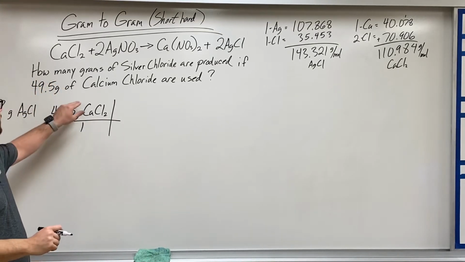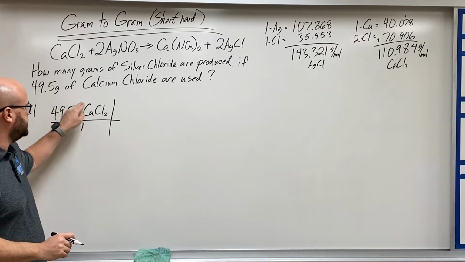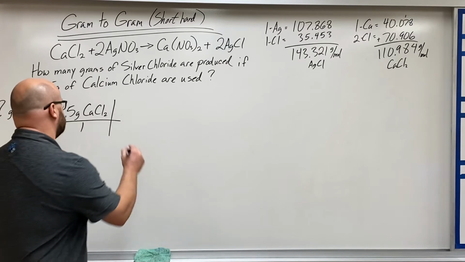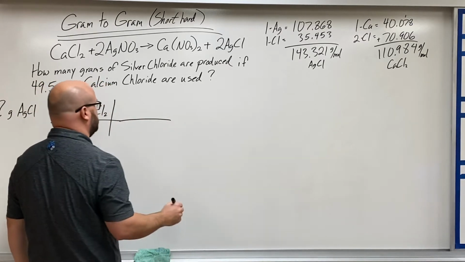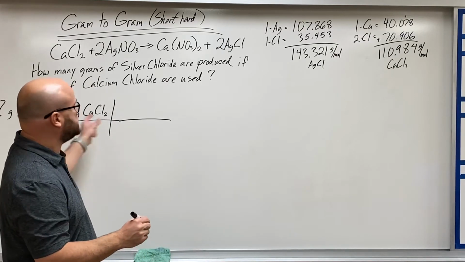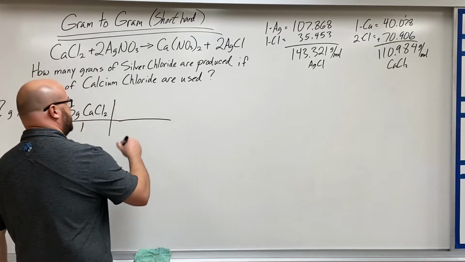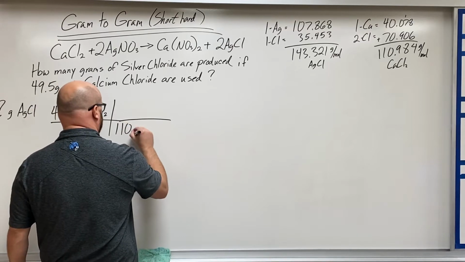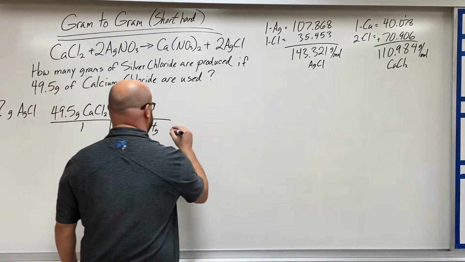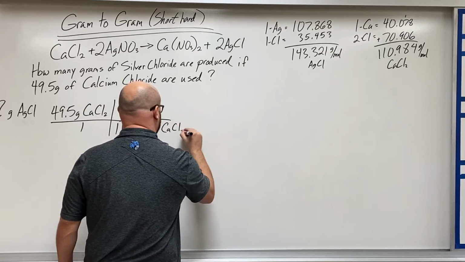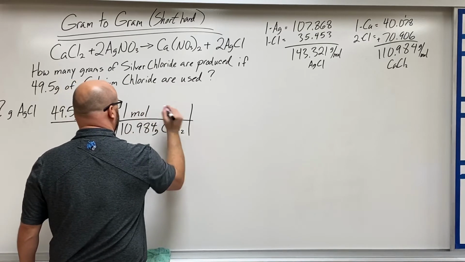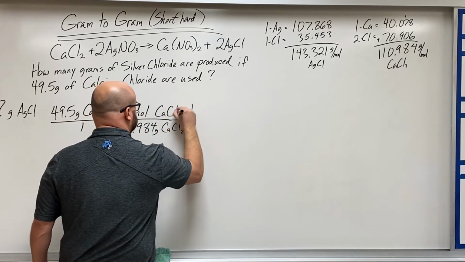Now we have to turn that grams of CaCl2 into moles of CaCl2. We need grams to cancel. We're going to draw a railroad track out a little longer. We want grams on the bottom. CaCl2 is 110.984 grams of CaCl2 per 1 mole of CaCl2.